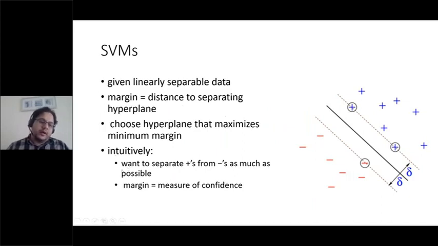So I want to separate with as much margin as possible, as a measure of confidence. When we do neural networks, we start with the smallest possible neuron, what we call the perceptron. And there is the first, most naive way of learning a perceptron. A perceptron is also just a line like that, but it finds any line. The first line that divides the space will be the solution.